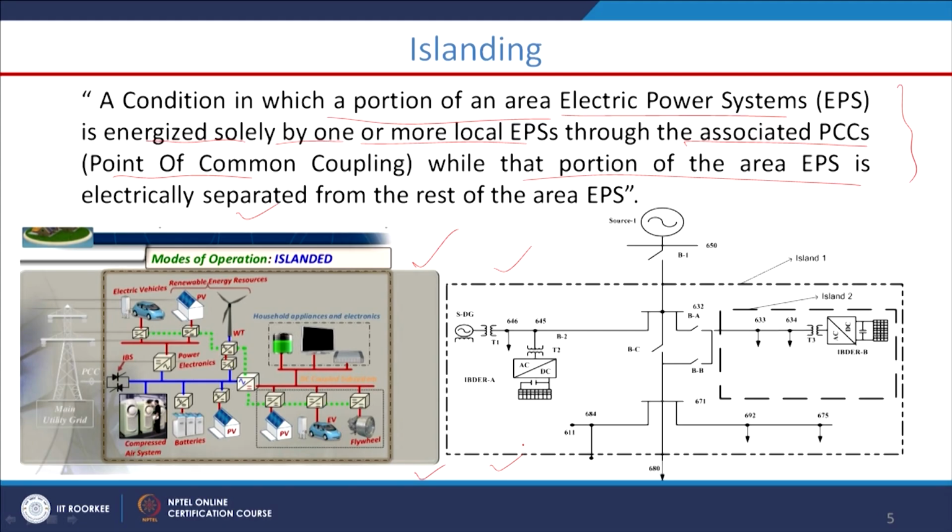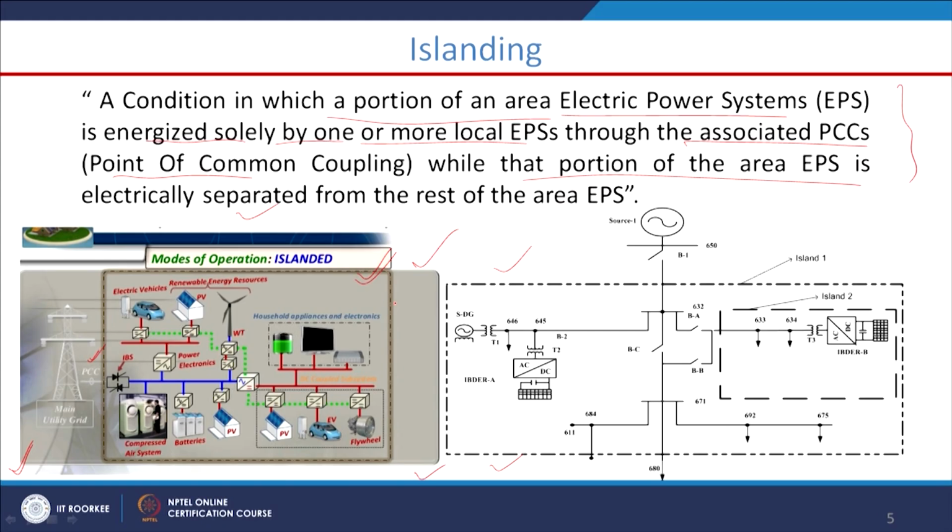In simple words, if you see this left side figure, this is our main grid, and this particular system is our microgrid. The main grid and microgrid are connected together through this PCC, that is the point of common coupling.